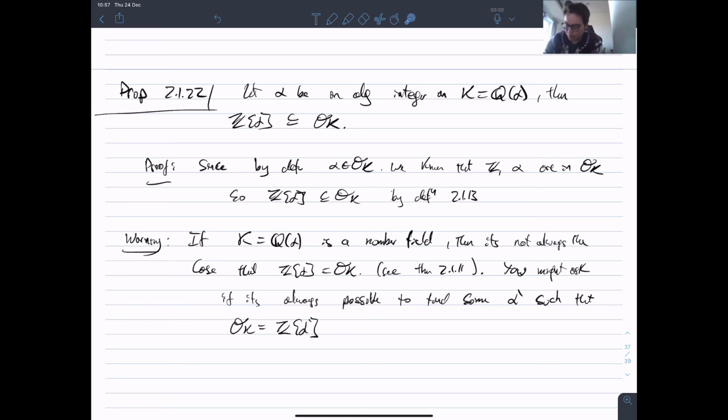So maybe it's not this alpha that I have found here, but maybe there's some other element alpha in K for which this is true. Again, this is not always true. This is not always possible. There's an example of this in one of the problem sheets.